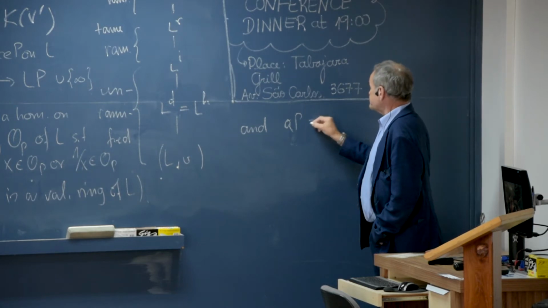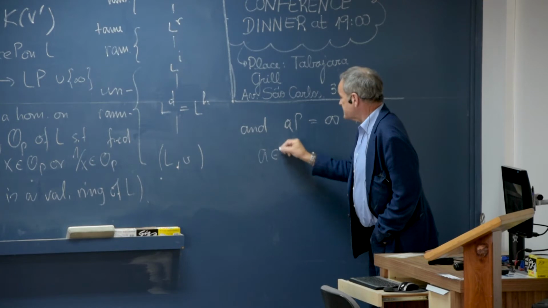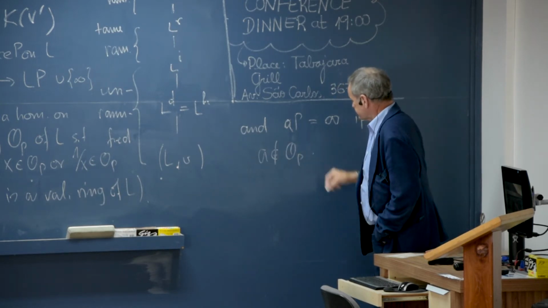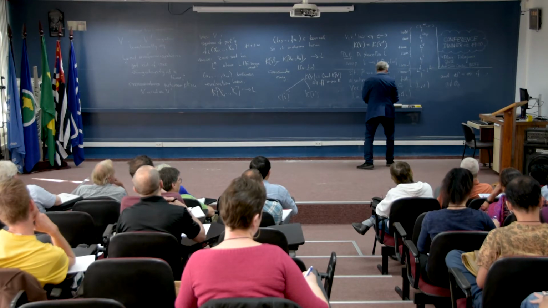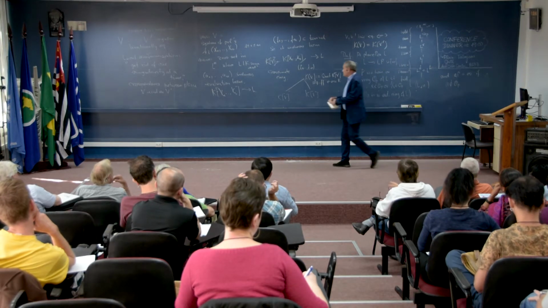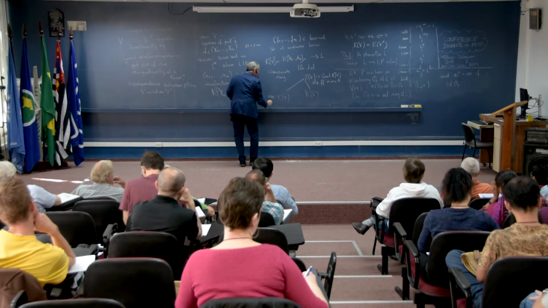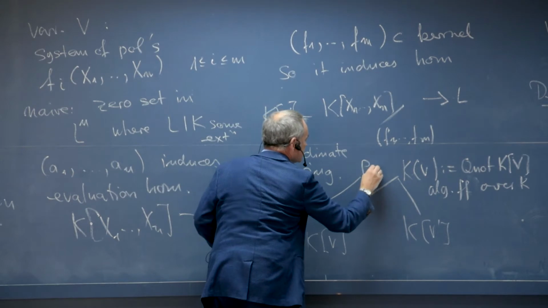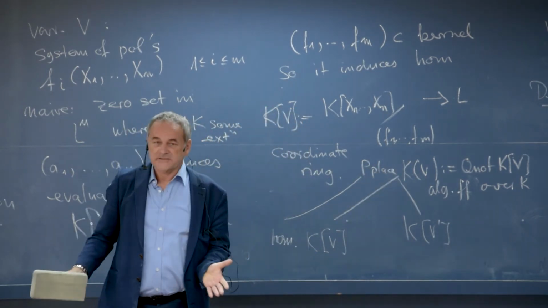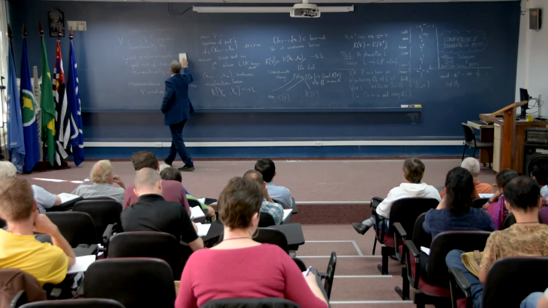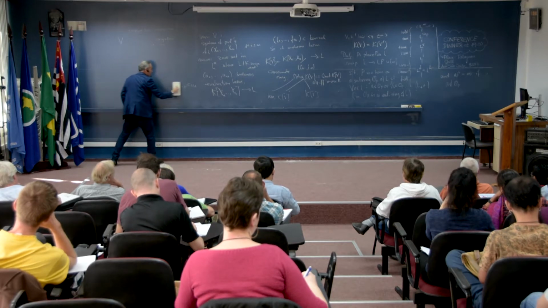AP is infinity if A is not in the valuation ring. So that's a place. And so what we do is we have a homomorphism here, we extend it to a place here. There are many such extensions. So over every homomorphism there are often infinitely many places, but that doesn't matter too much here.